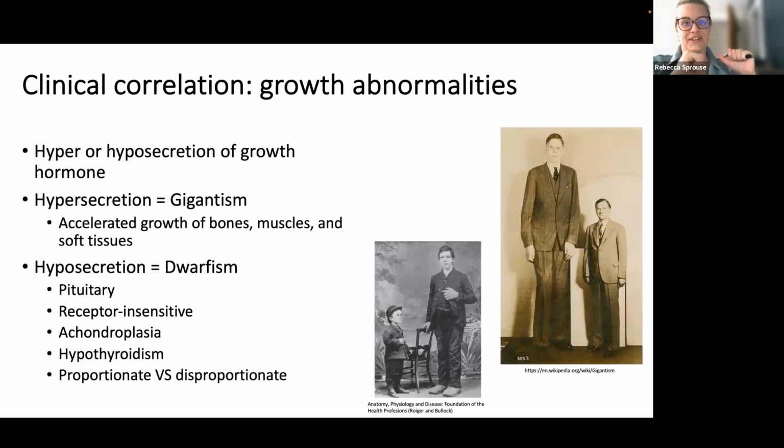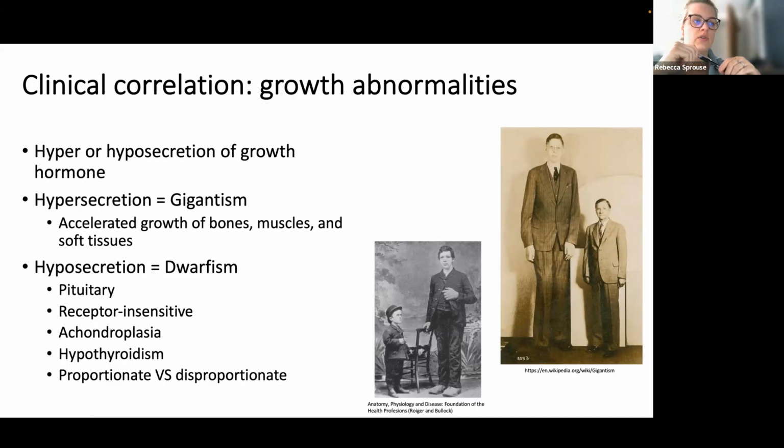If you do, here are some growth abnormalities with too much or too little growth hormone. So, for example, if you have hyper, which is too much, or hypo, too little of growth hormone. So hypersecretion of growth hormone results in something called gigantism. And that's this individual right here. Here's the average size male, and here's this male. But basically that is when growth hormone never gets shut off.